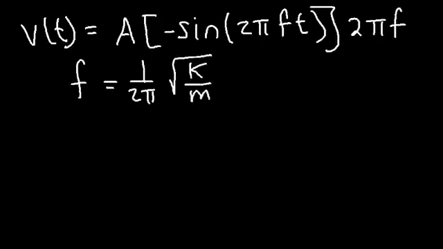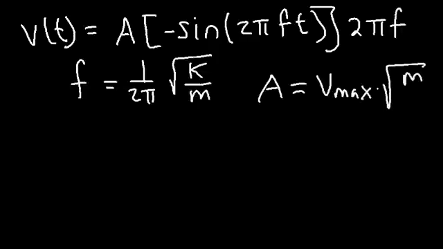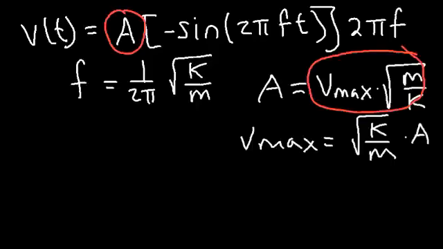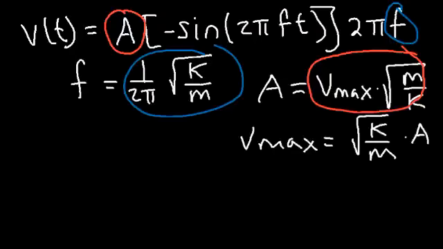In addition, earlier in this video we mentioned that the amplitude is equal to the maximum velocity times the square root of m divided by k. And this came from the equation V max is equal to square root k over m times a. So let's replace a with this expression, and let's replace f with that expression.